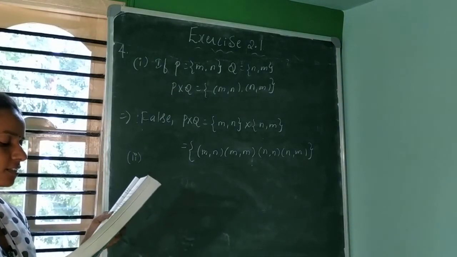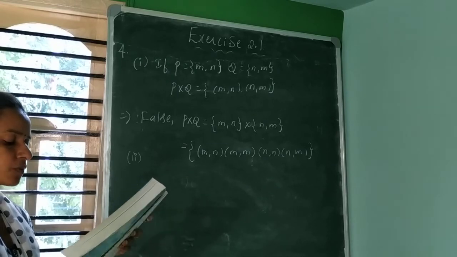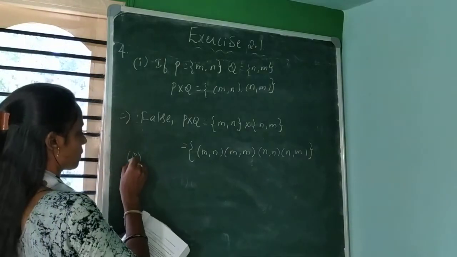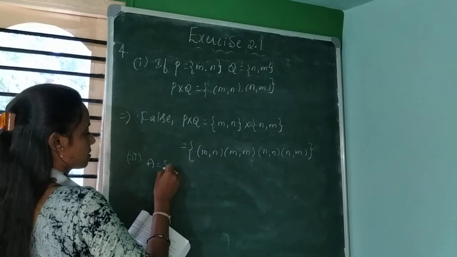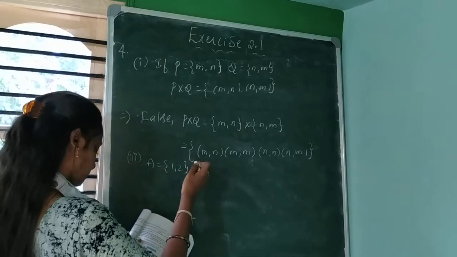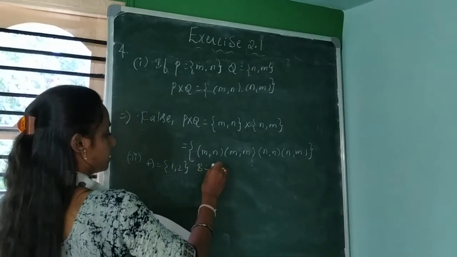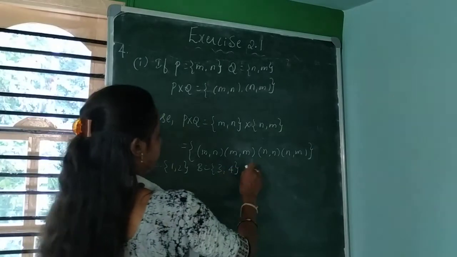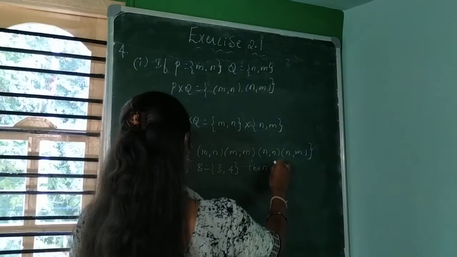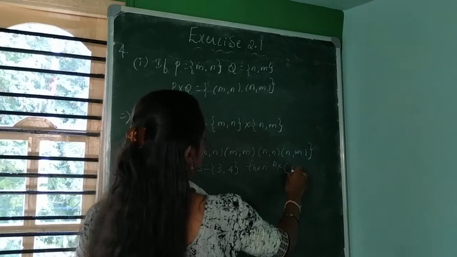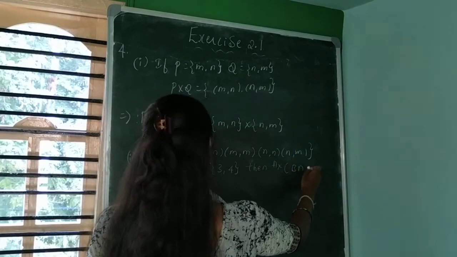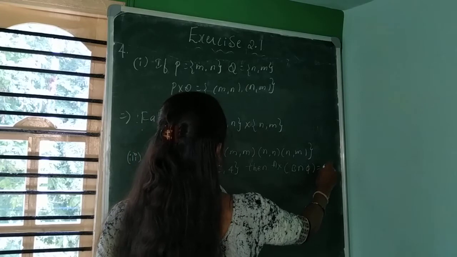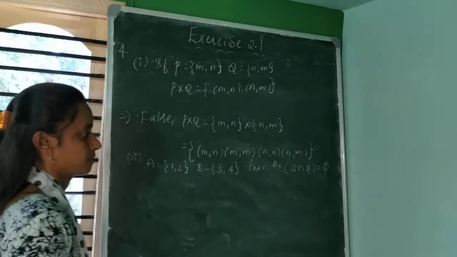Then the third one is, if A is {1, 2}, this is quite interesting, and B is {3, 4}, then A cross B intersection null is null.